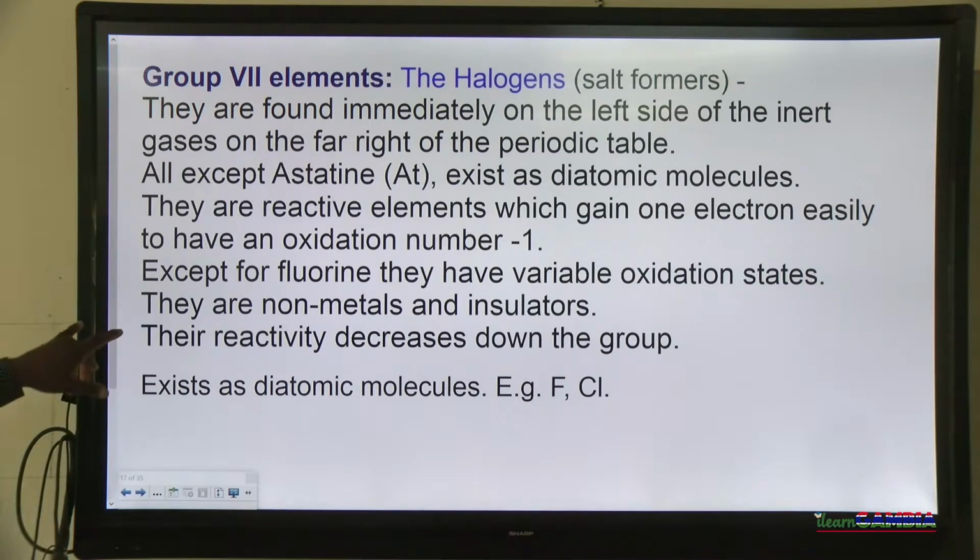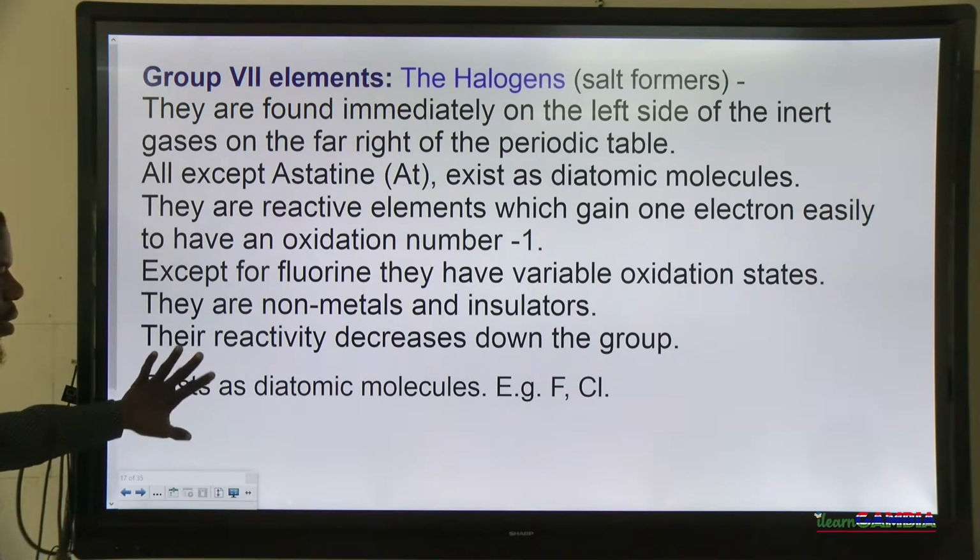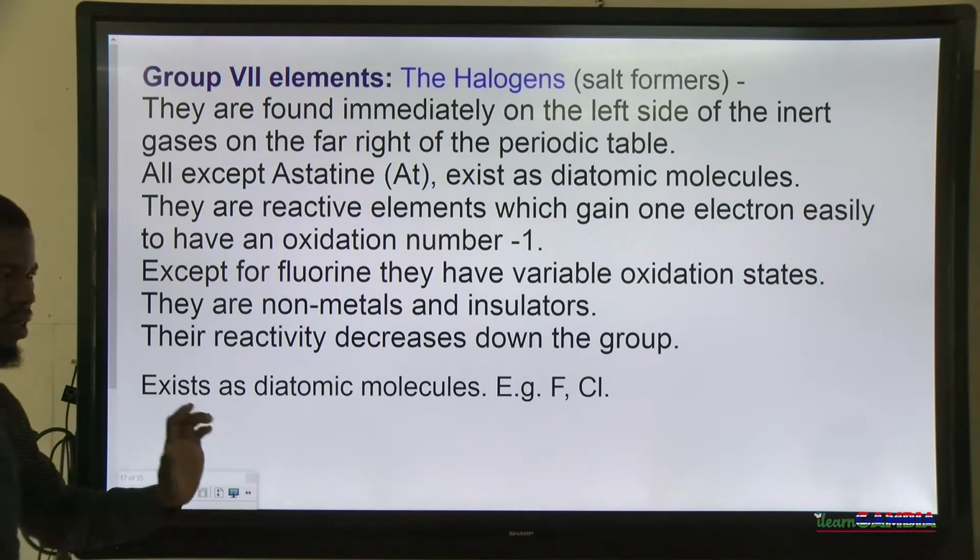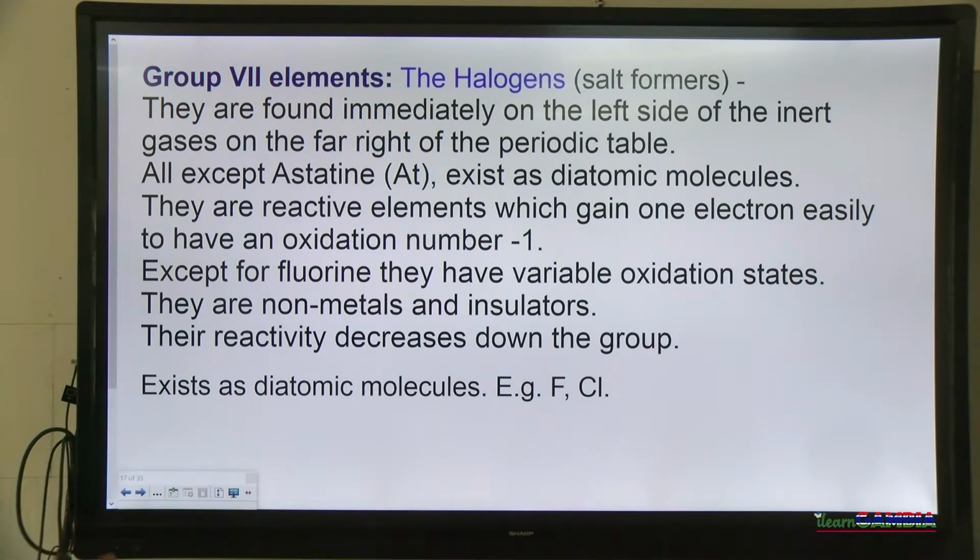That is, when we find these group 7 elements, their members are found in a molecular state. For example, we have F2, Cl2, I2. Fluorine in its molecular state exists as F2, that is a diatomic molecule, 2 atoms of fluorine forming one molecule of fluorine. 2 atoms of chlorine also join to form 1 molecule of chlorine.